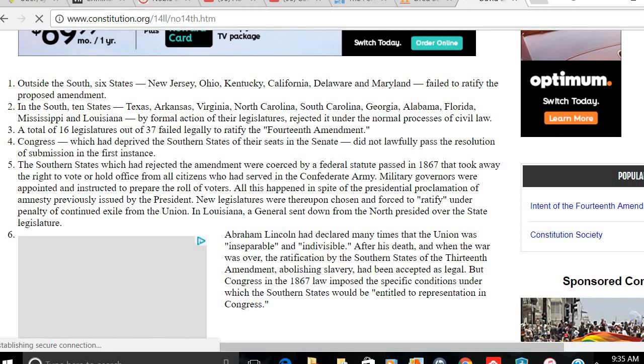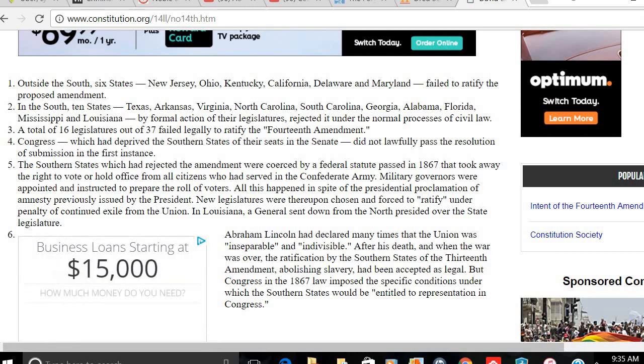New legislatures were thereupon chosen and forced to ratify under penalty of continued exile from the Union. In Louisiana, a general sent down from the North presided over the state legislature. They say Abraham Lincoln declared many times that the Union was inseparable and indivisible after his death.